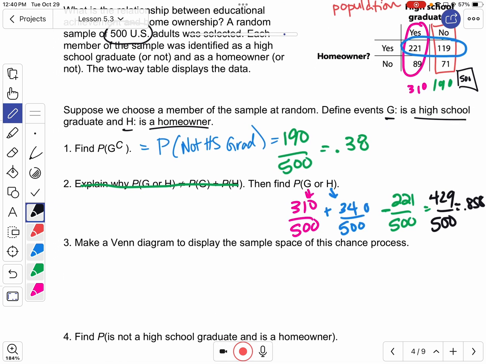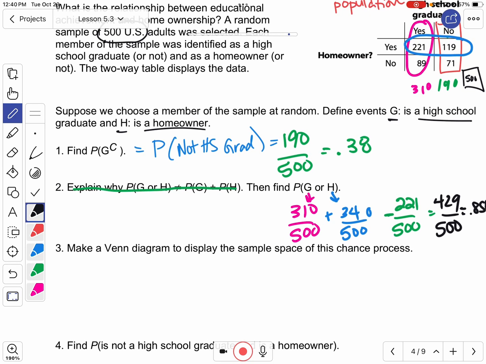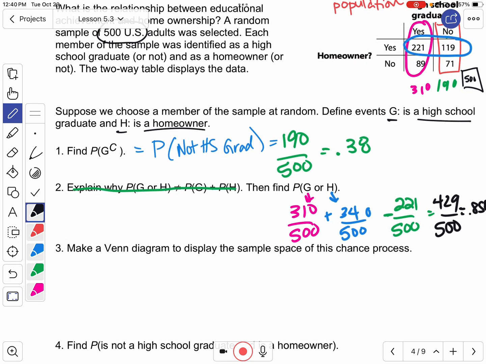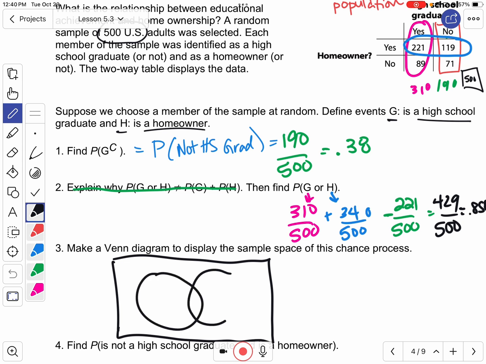All right, let's see this next one. It wants me to make a Venn diagram. So I'm going to do the whole big box. We know in the end it should add up to 500, and we have 4 blanks: 1, 2, 3, 4. In the middle is where our yes, yes goes.